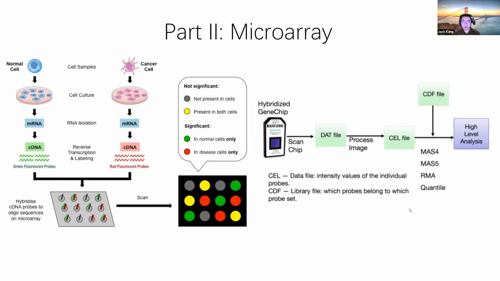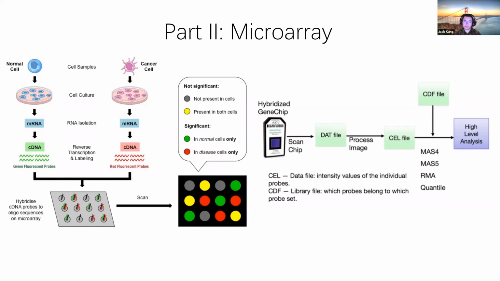So on the right part, it's the data processing workflow for microarray data. From your hybridized gene chip, you do a scan and you get a DAT file that contains image information. And you process the image to get a CEL file, which contains the intensity value of each probe, so the color intensity value for each probe on the chip.